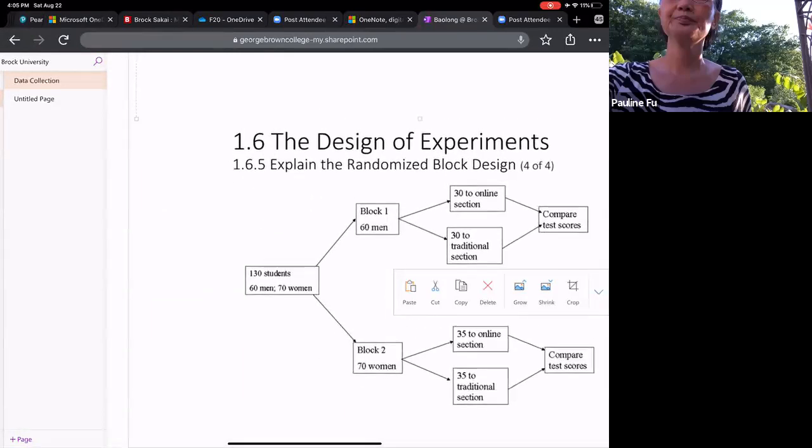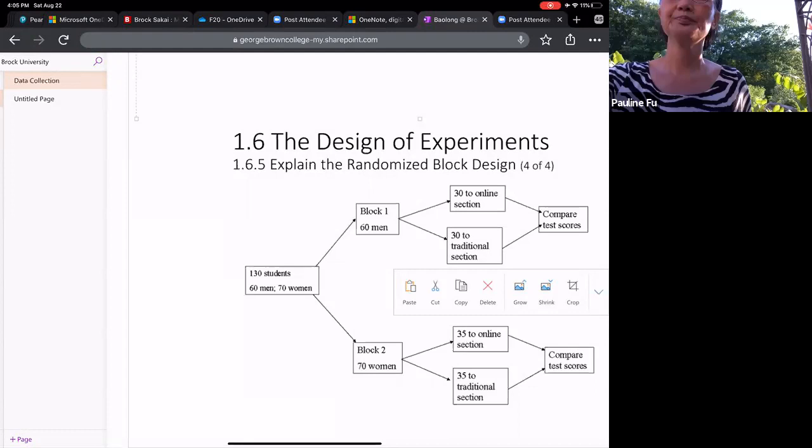All right. In summary, this video introduced data collection. We talked about terminologies in statistics: population, sample, parameter, statistic. We also talked about the steps in conducting statistical analysis. And then we introduced simple random sample and other sampling methods.